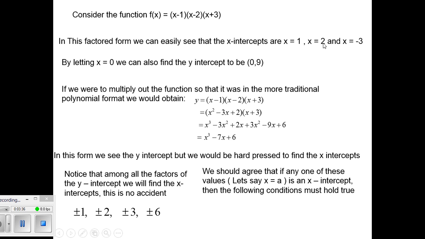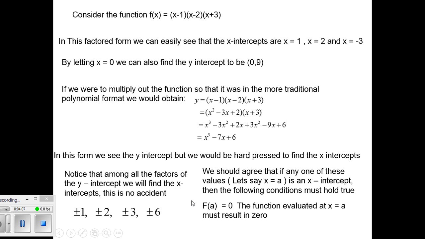If there was an x-intercept of 2, there's a factor of x minus 2. If there is an x-intercept of -3, there's a factor of x minus -3, or namely x plus 3. So that's what we're saying down here. We should agree that if any of these values, let's just generally call them x equals a, is an intercept, then the factor must be x minus a.